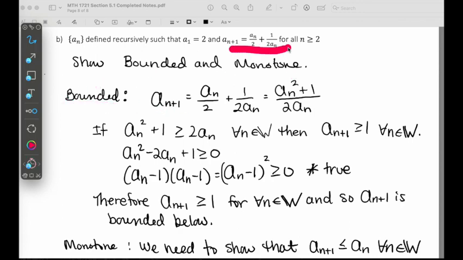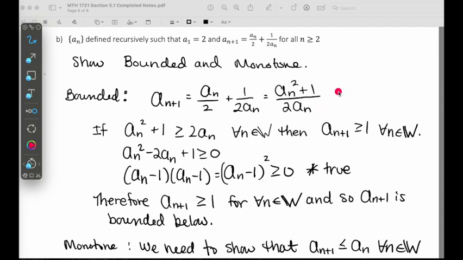So using this definition given to us, I'm going to show that this sequence is going to be greater than or equal to 1. The first thing I do is combine these two fractions together by finding a common denominator, and I get an squared plus 1 over 2an.